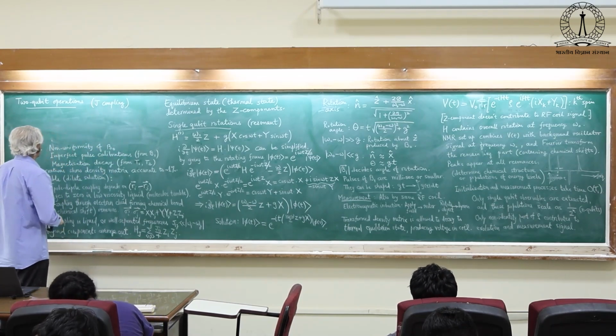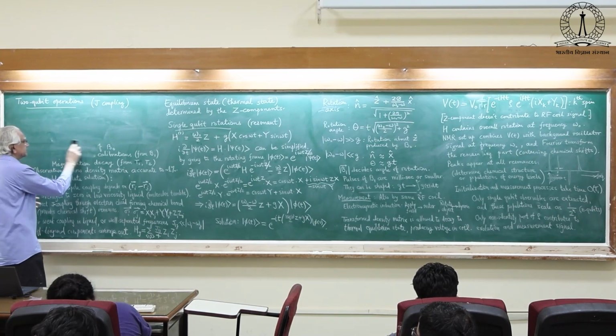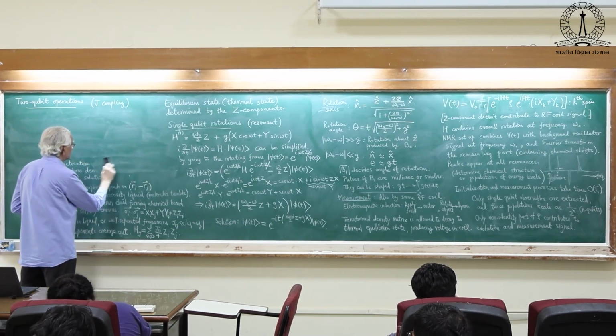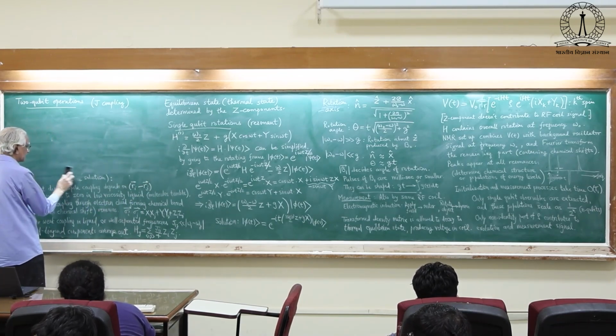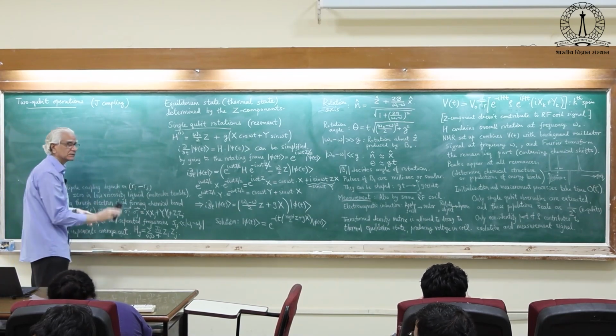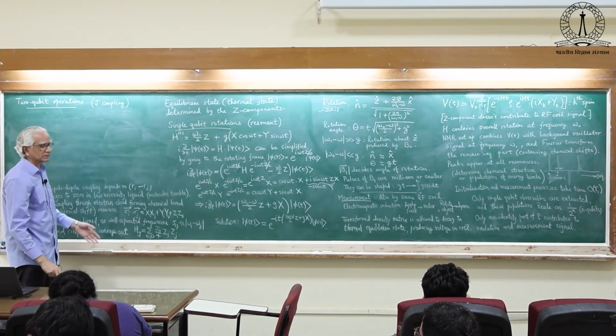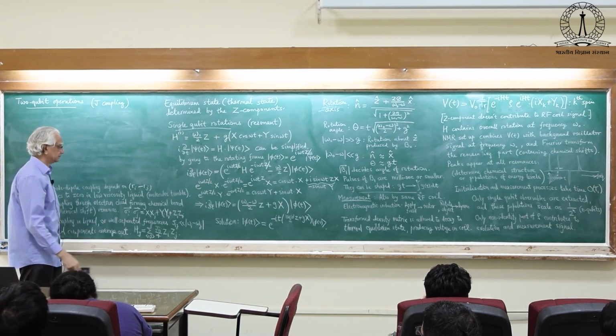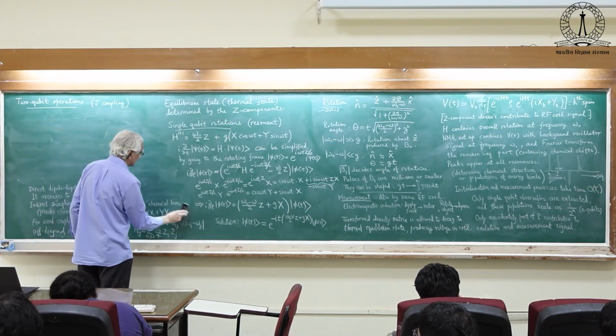Okay. And the simplest operation which we need is control naught or control z or one of those things, and that will make a universal set.